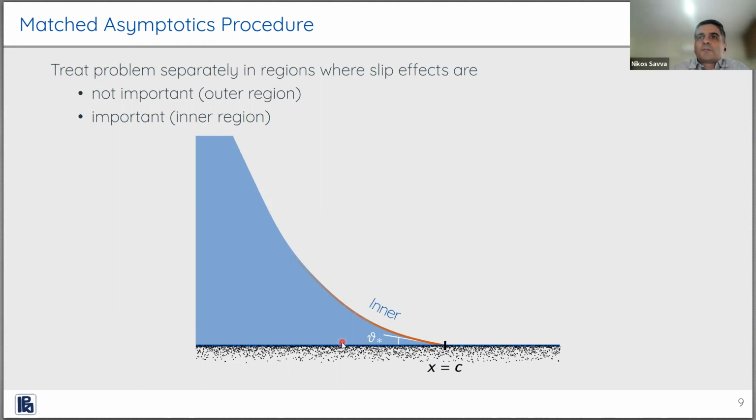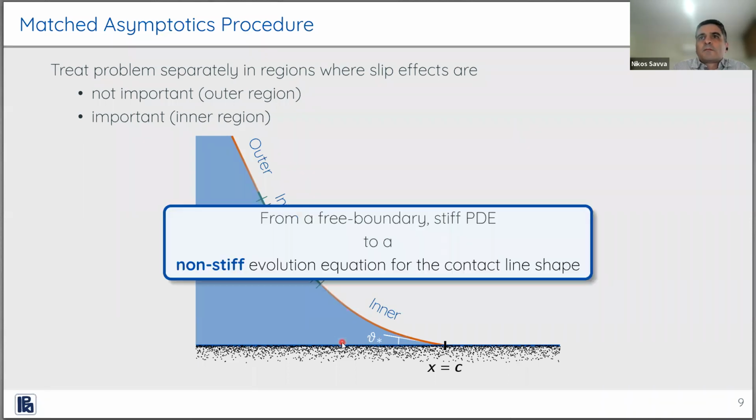So the idea is to obtain the solution in each of these two regions separately and match them within an appropriate intermediate region to obtain the evolution of the contact line. The aim is to turn a free boundary stiff PDE into a non-stiff evolution equation for the contact line shape. So this is the approach that we're following.